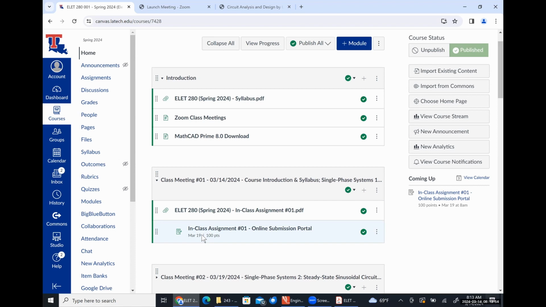So the expectation is that you will complete as much of the in-class assignment as you can before the next class meeting. Realistically, you should be able to do it actually in class, which is why it's called an in-class assignment. Turn it in, just whatever you have completed, and then we'll take that as good enough to go on to the next bit of material.